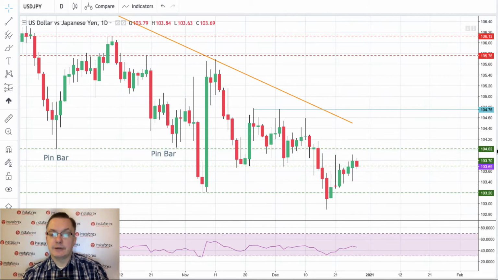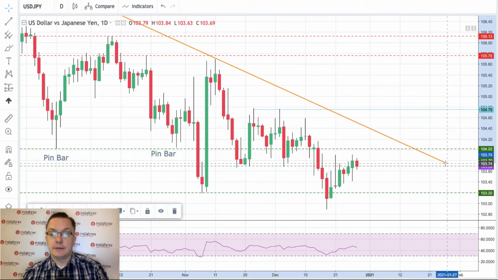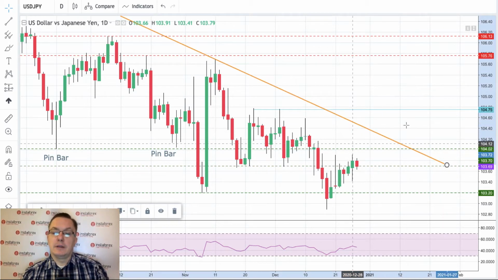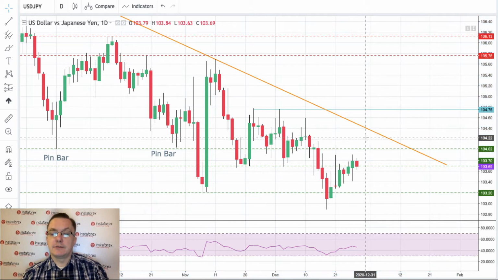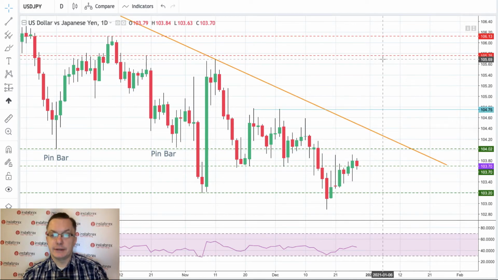The next target is 104.2 level, but everything here is still under the long-term trend line. We need to break above 104.75 level in order to make a little bit bigger correction on this market, basically, right?